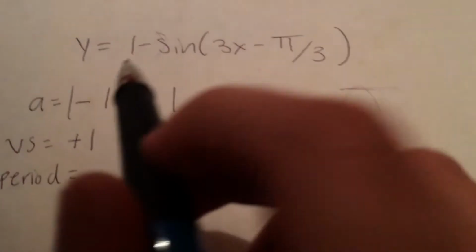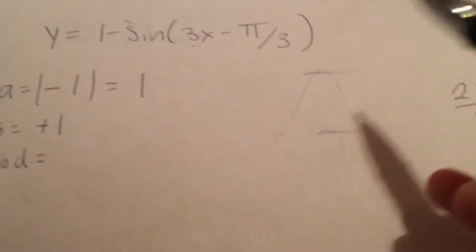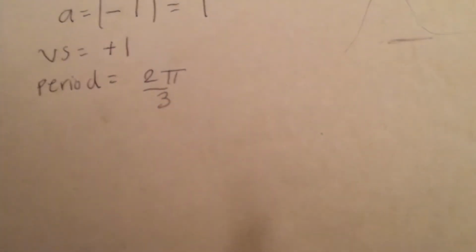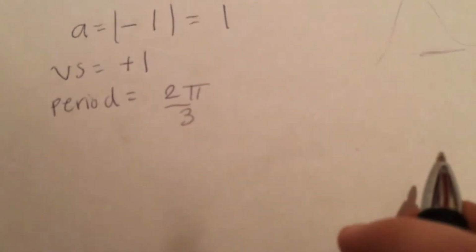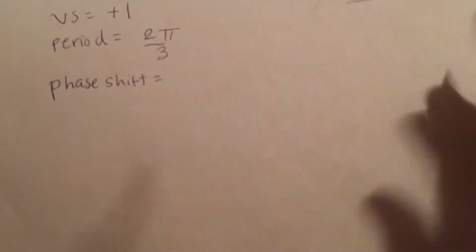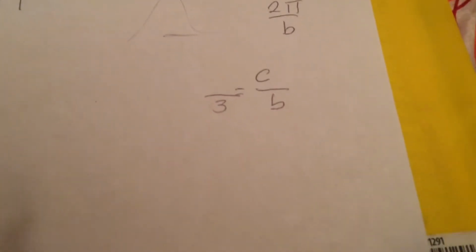So b here in this equation is 3, so it will be 2 pi over 3, which determines the cycle of the sine waves. And now to find the phase shift, which also has a formula, which is c over b. So we already know the b, that is 3, and the c here will be pi over 3.